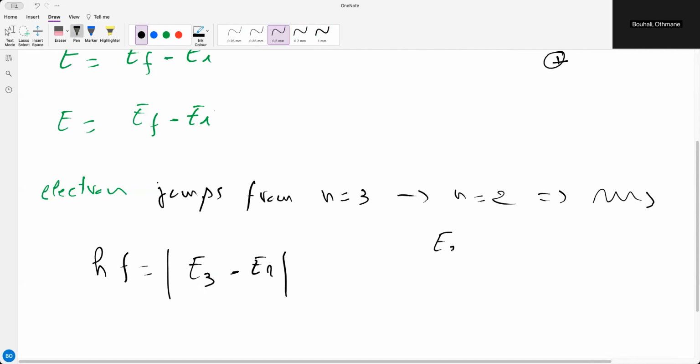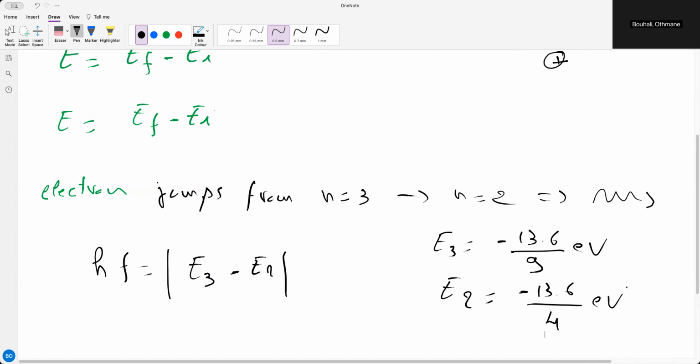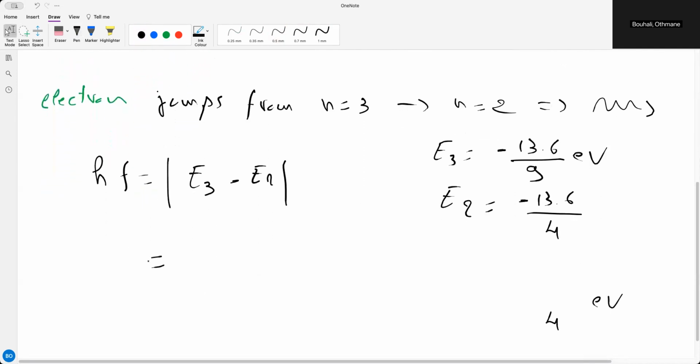Now we know that the energy of level 3 is minus 13.6 divided by 9 electron volt. The energy of level 2 is minus 13.6 divided by 4 electron volt. So this will be minus 13.6 over 9 plus 13.6 divided by 4, and you can easily do the calculation very quickly.